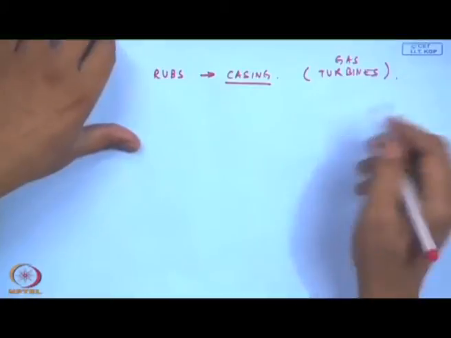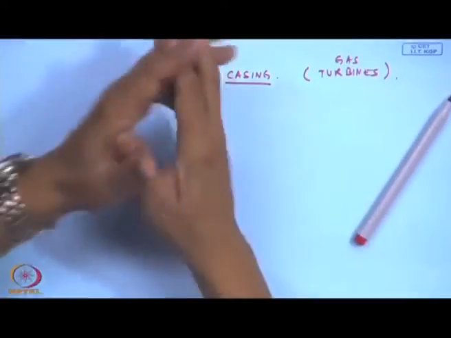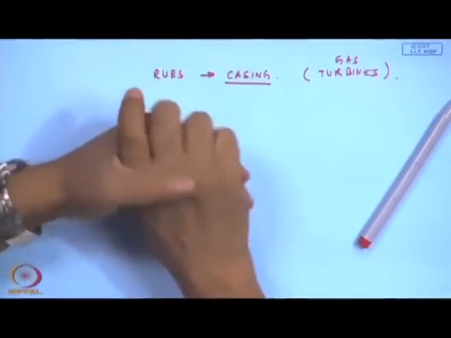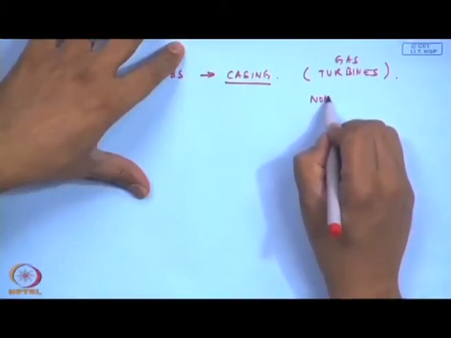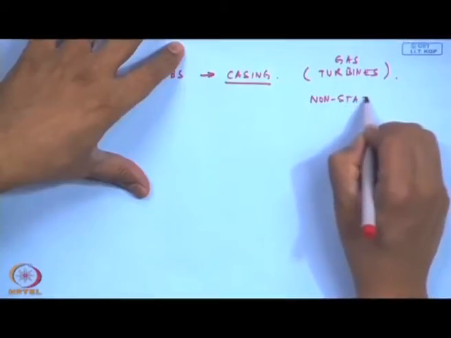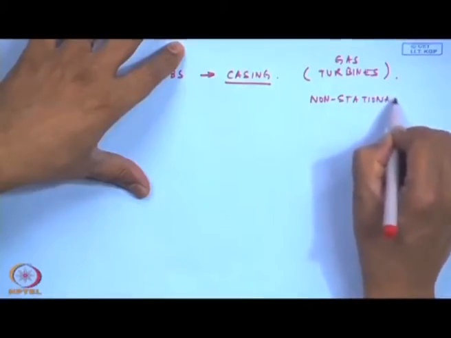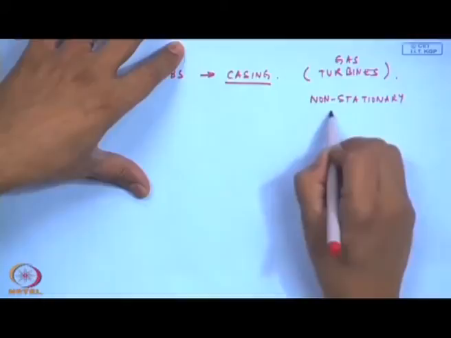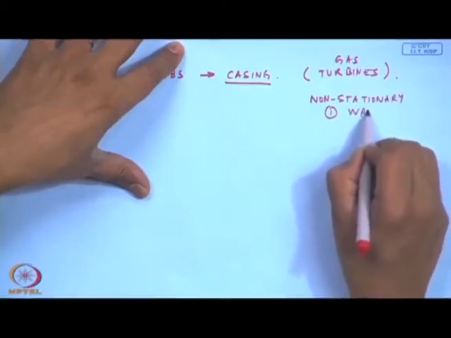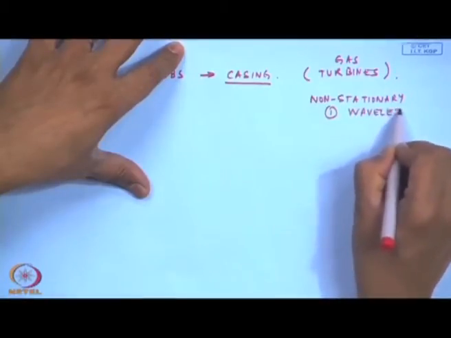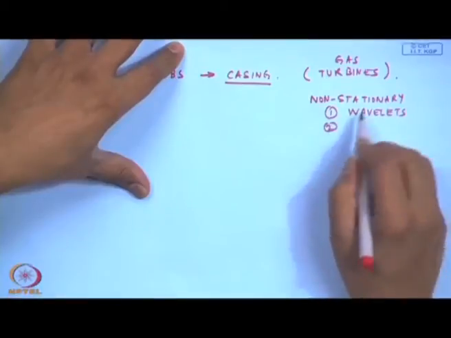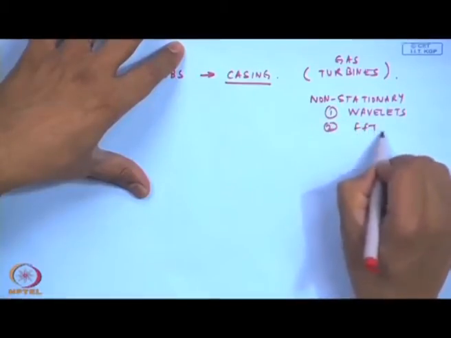And then this will again give rise to a lot of problems, and we discussed in a few of the classes earlier how these rubs can be detected by what is known as non-stationary signal analysis, like wavelets or FFT. Okay.